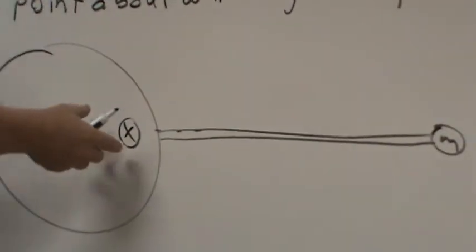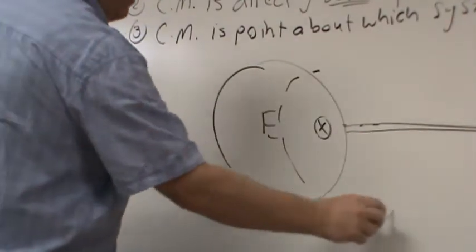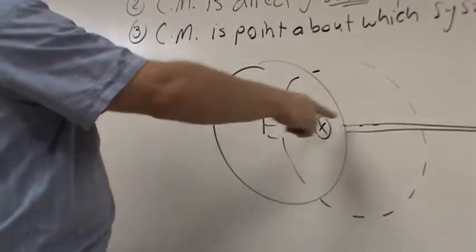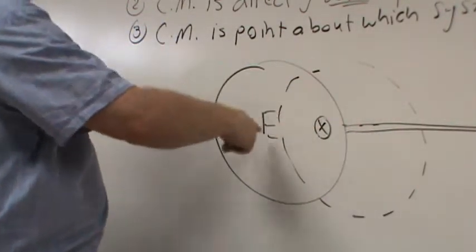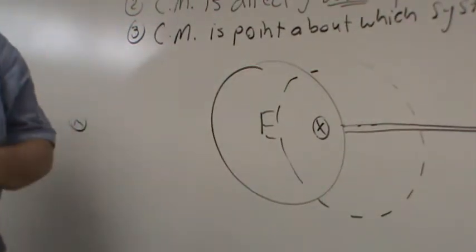Now, of course, if the center of mass is within the surface of the star, then it essentially just looks like the star is wobbling, just like our Earth is wobbling back and forth. When the moon is there, the Earth is here. When the moon is way over here, now the Earth is over here. And so it looks like the Earth is just wobbling, but it's still orbiting the mutual center of mass between moon and Earth.